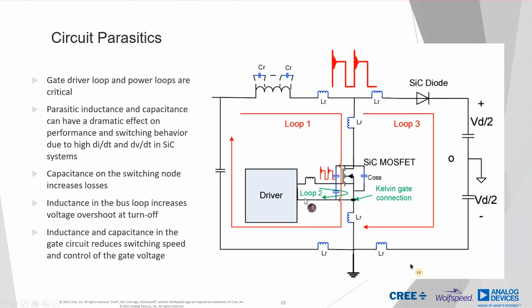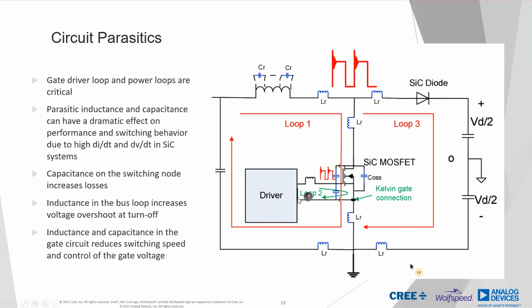This other loop 2 here represents the gate driver loop. Any impedance between the gate driver and the actual gate of the MOSFET is going to act to slow down the switching, and it's going to reduce the control that you have over the gate voltage at the actual MOSFET. Anytime there's inductance and capacitance in a circuit, there's a potential for ringing and overshoot.